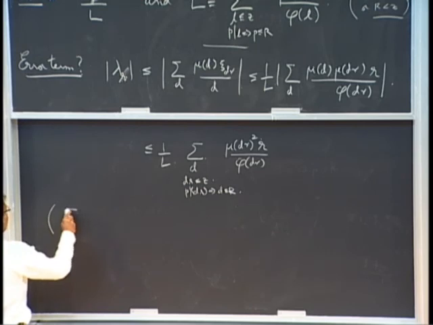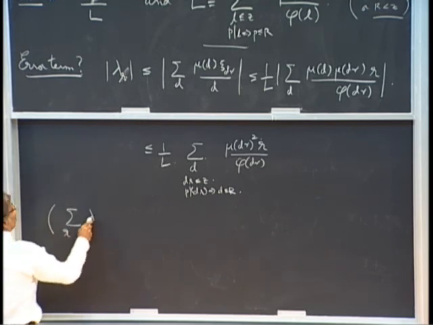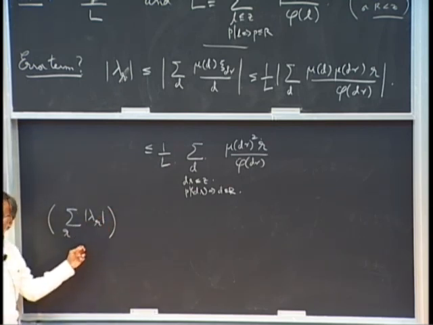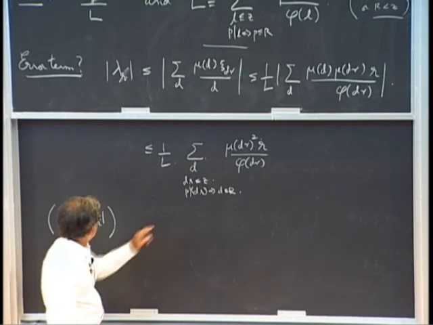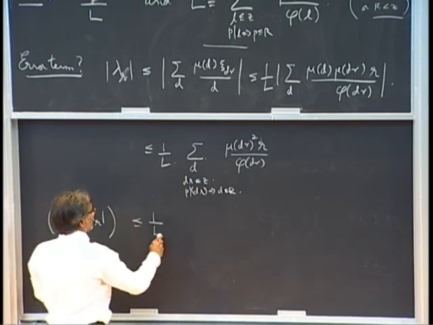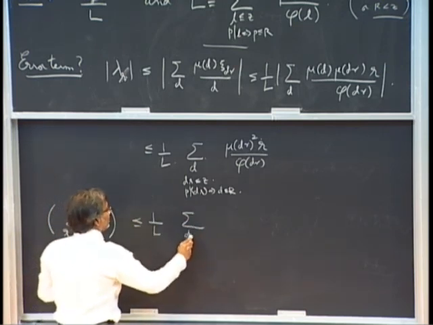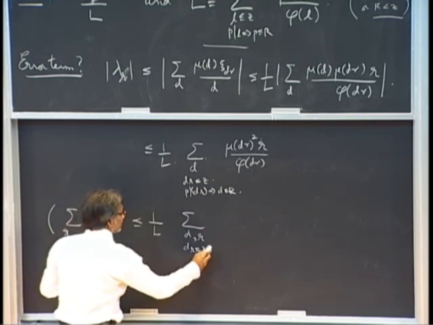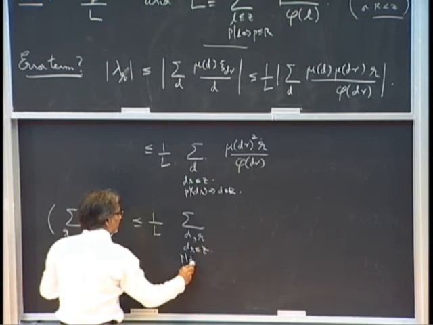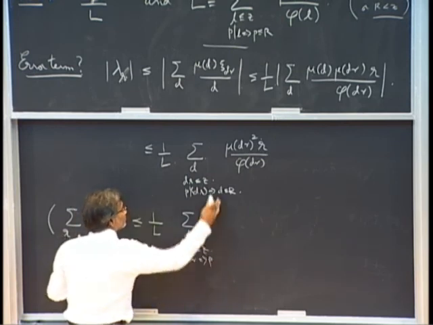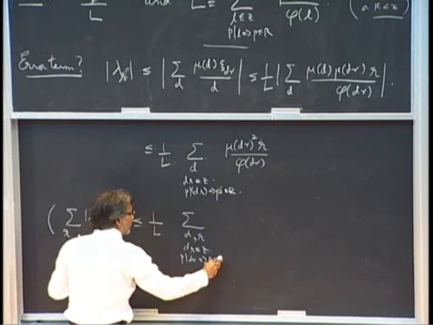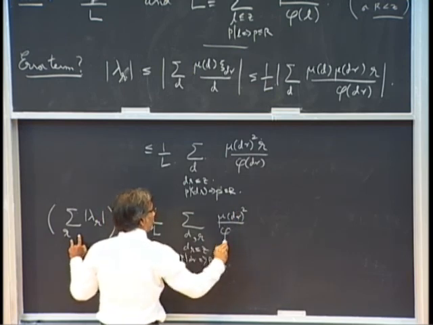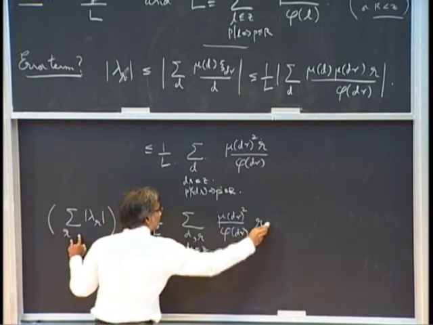My bound was the sum over r, lambda of r, well, and then I'm going to square this as well, right? So let's just plug this in here. So this will be bounded by 1 over L, the sum over d, and the sum over r, with dr at most z, composed of primes at most R, mu of dr squared over phi of dr times r.